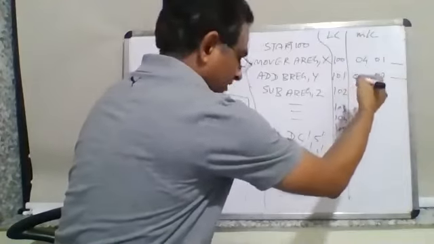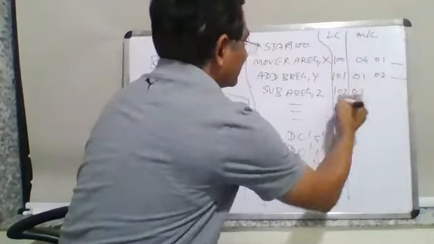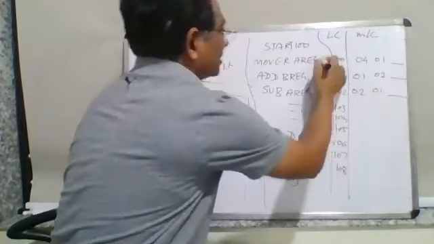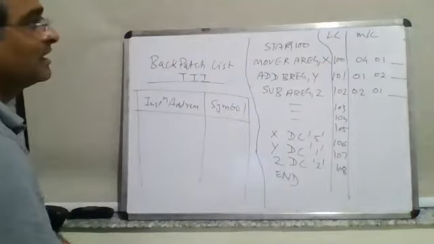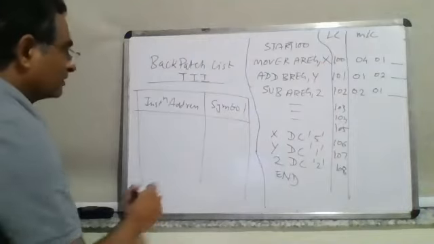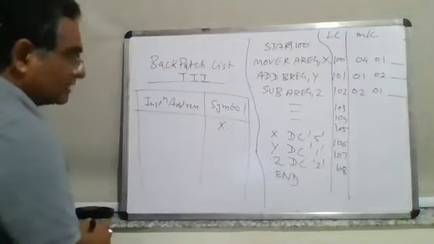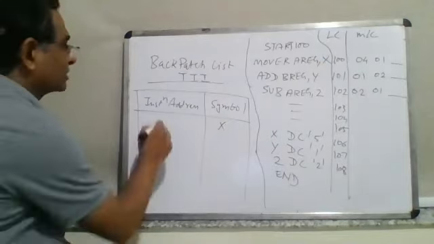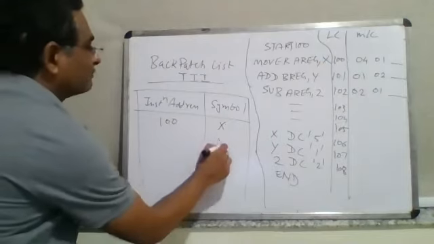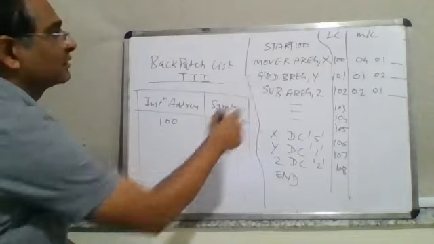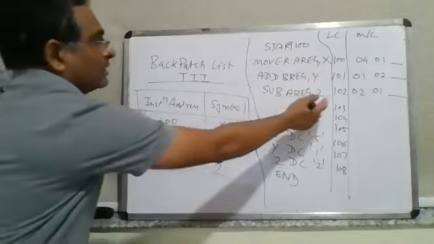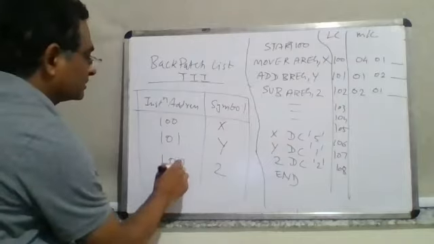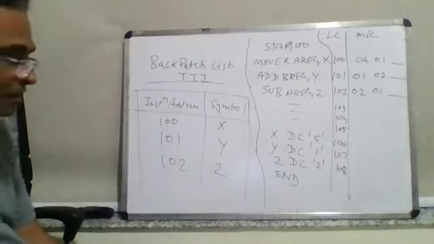Likewise, the subtract instruction is 02, then areg is 1 and dash. These are the places where X, Y, and Z are, and these are the incomplete instructions, right? So symbol X is at location counter 100, then Y is encountered at location 101, and Z is encountered at location 102. So these are the instructions which are still incomplete, and we need to process this.